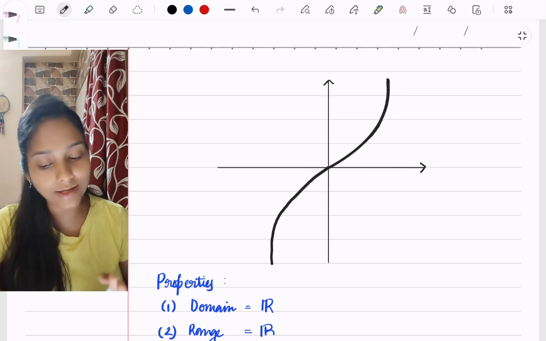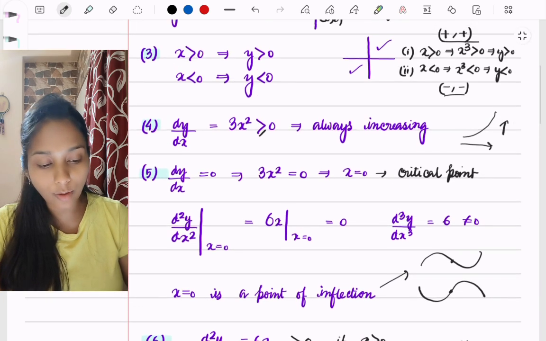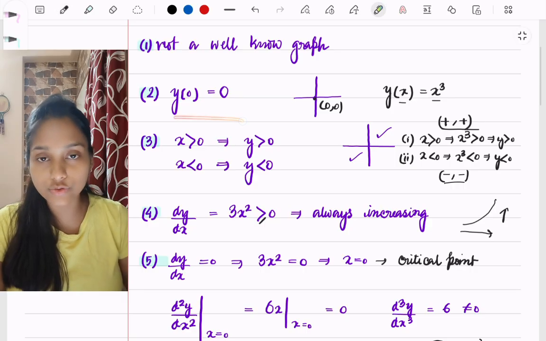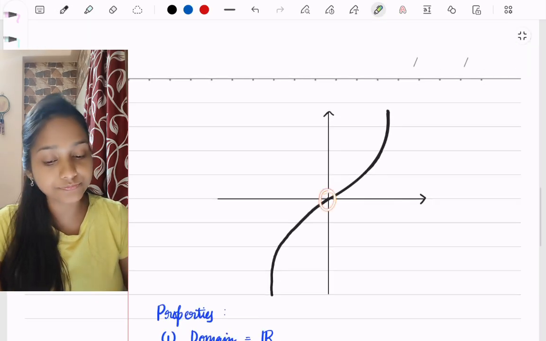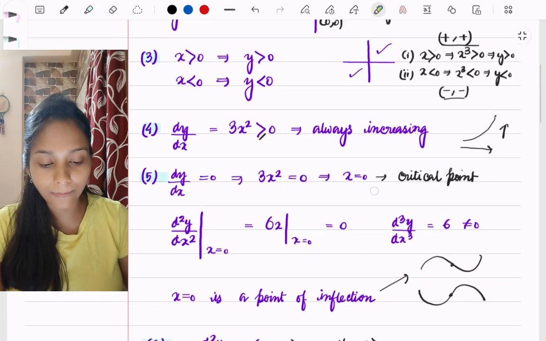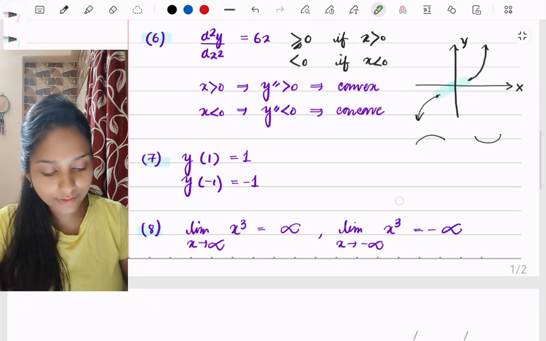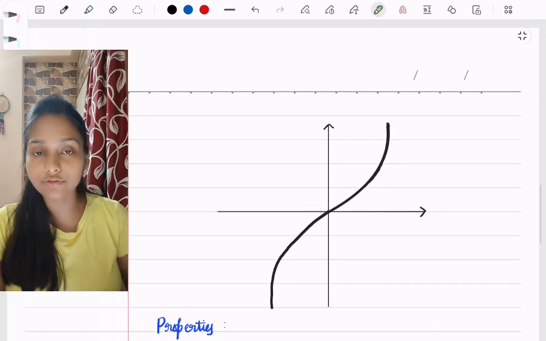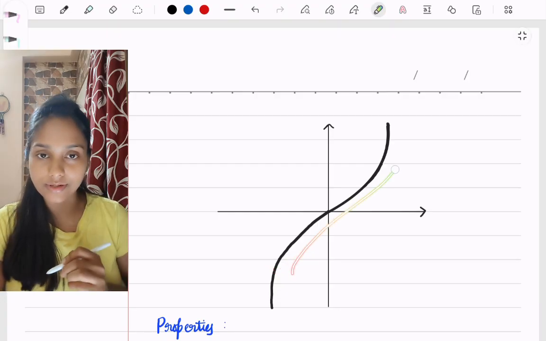So let me again check all these properties. First is the second property, which is the (0, 0) property. So it satisfies the (0, 0) property here. Next is the first quadrant and third quadrant property and the increasing property. So this function lies in the first quadrant and third quadrant, and the function is always increasing.